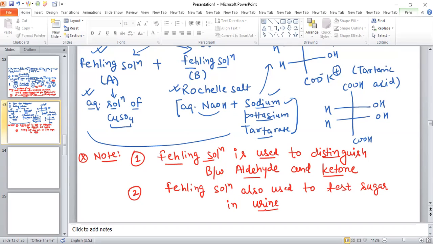So this is basically the utility of Fehling's solution. Fehling's solution is used to distinguish aldehydes and ketones, and also Fehling's solution is used to test sugar in urine.